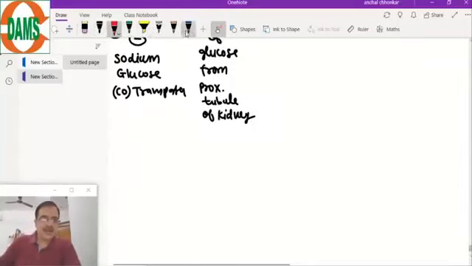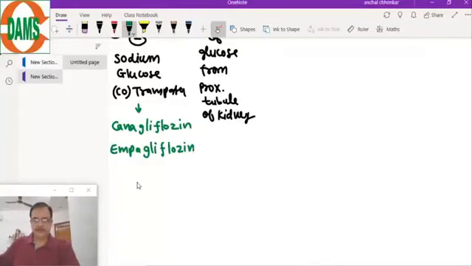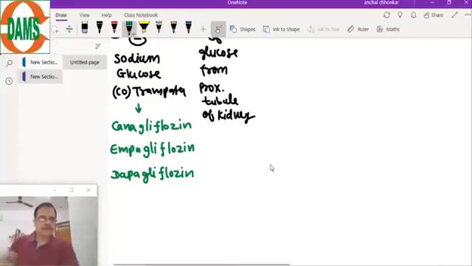So the drugs included in this list will be canagliflozin, empagliflozin, dapagliflozin.